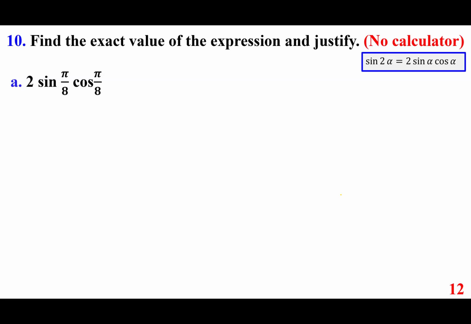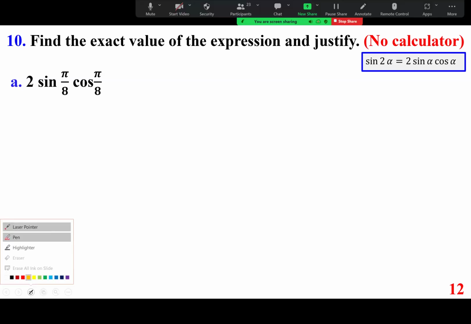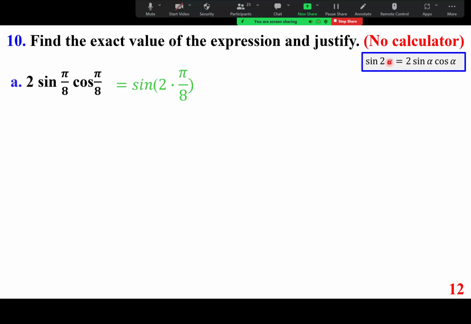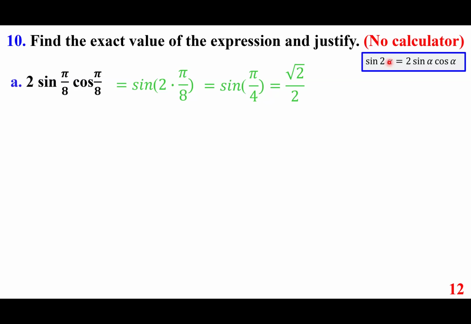So with that in mind, we can see that this is a sine of 2 times pi over 8, according to this formula, right? And we know 2 times pi over 8 is pi over 4, and sine of pi over 4 is square root of 2 over 2. That is a common arc, everybody knows.